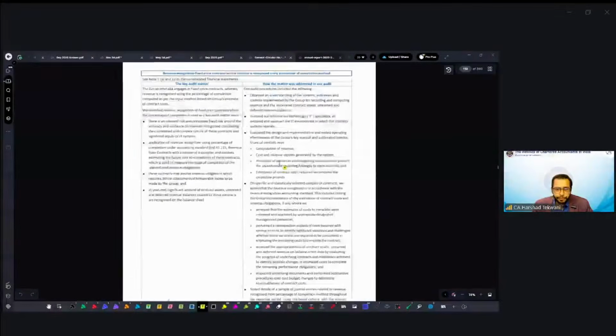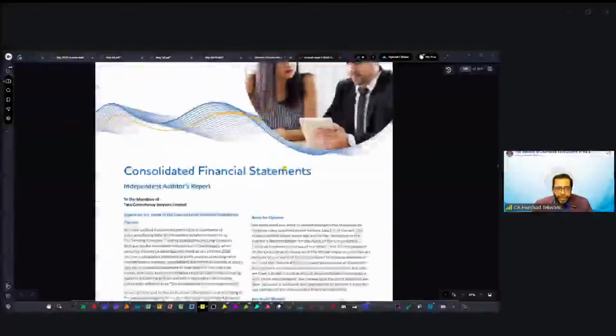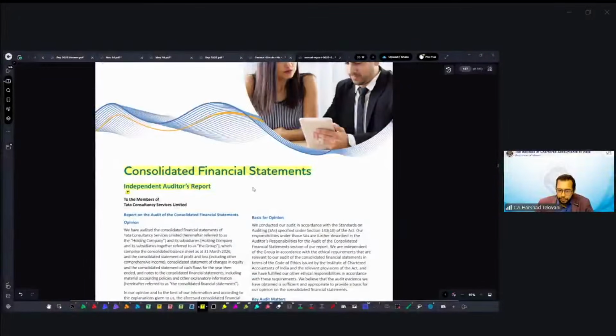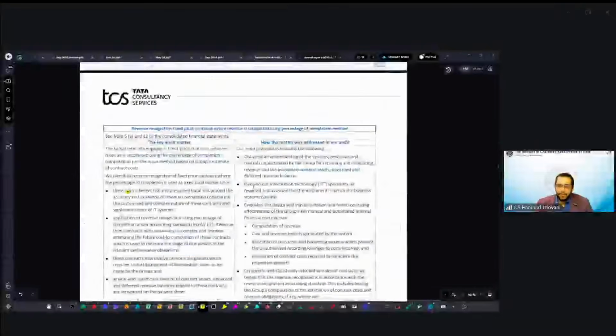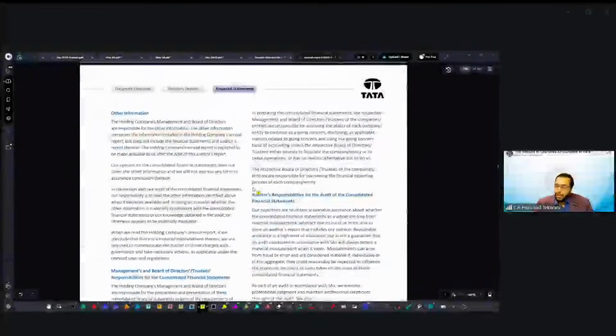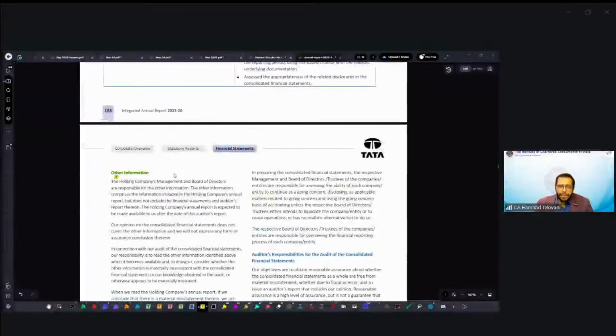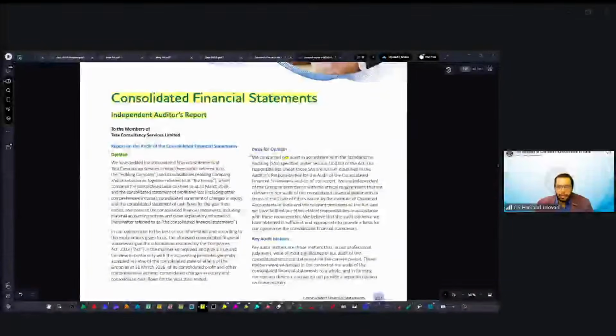Okay. This is the consolidated financial statement and the audit report on that. Okay. Some changes that we will notice now. So remember in the last session, the first session on this particular topic, we discussed this particular part: other information, opinion, basis of the opinion, key audit matters.